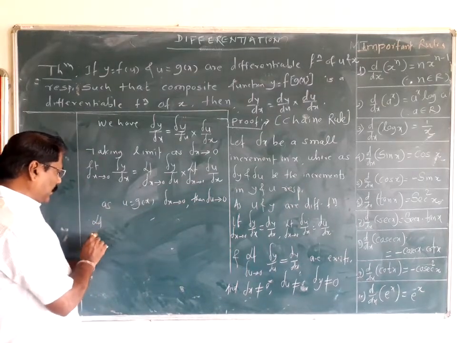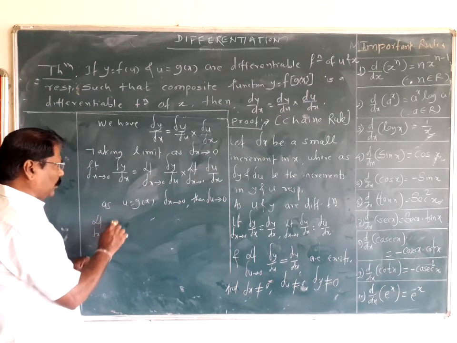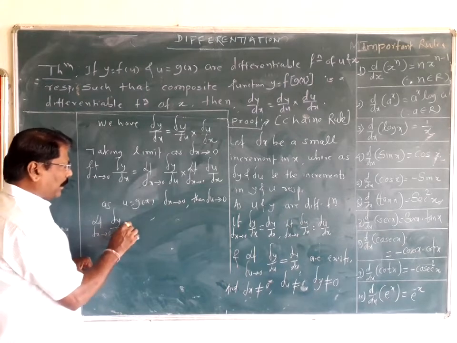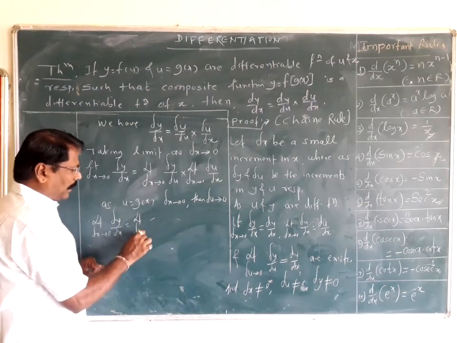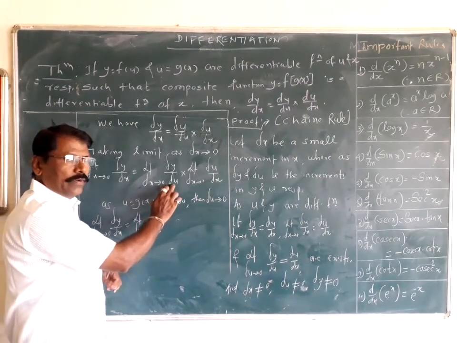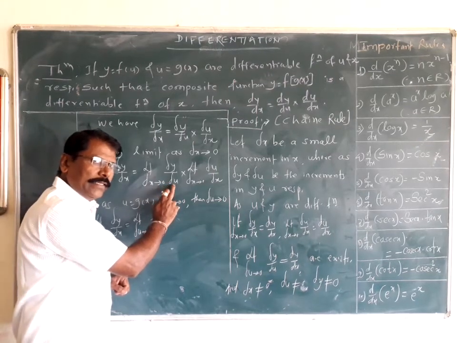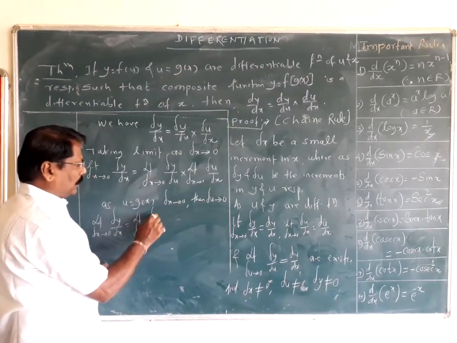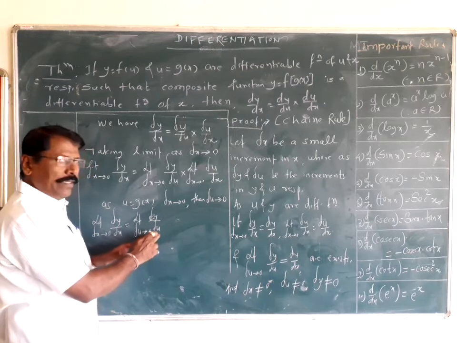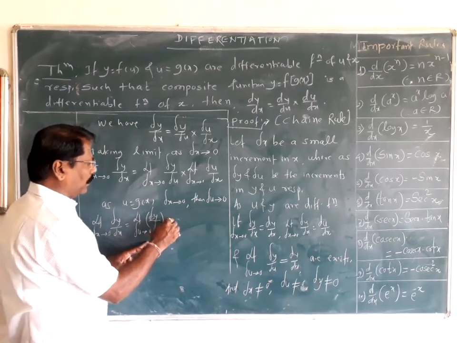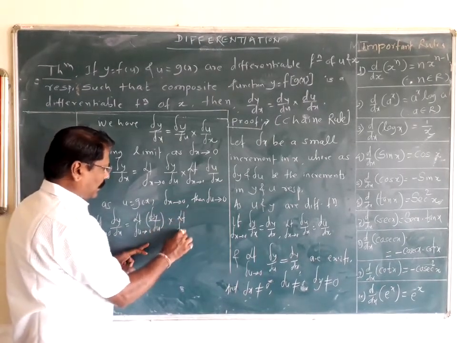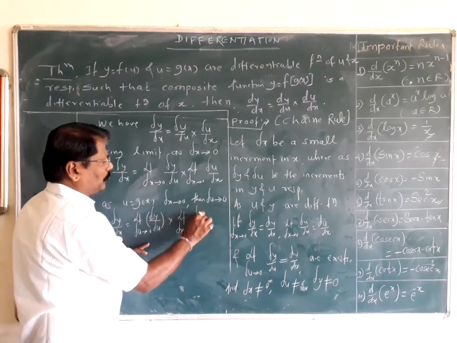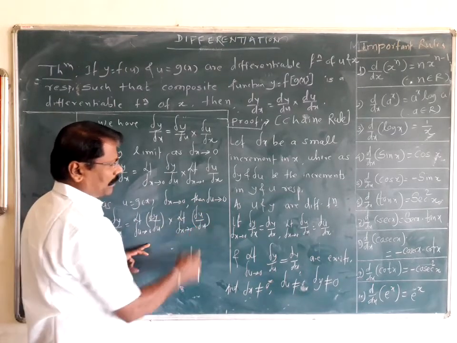Therefore, limit delta x tends to 0, delta y by delta x is the limit as delta u tends to 0 of delta y by delta u, into limit delta x tends to 0, delta u by delta x.